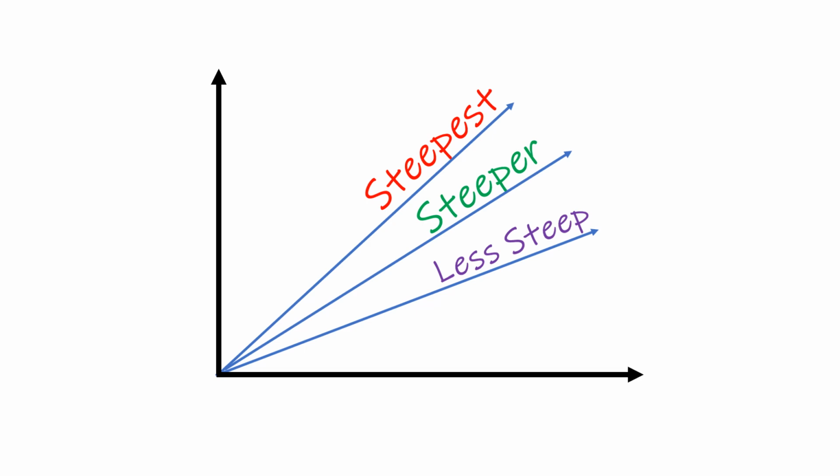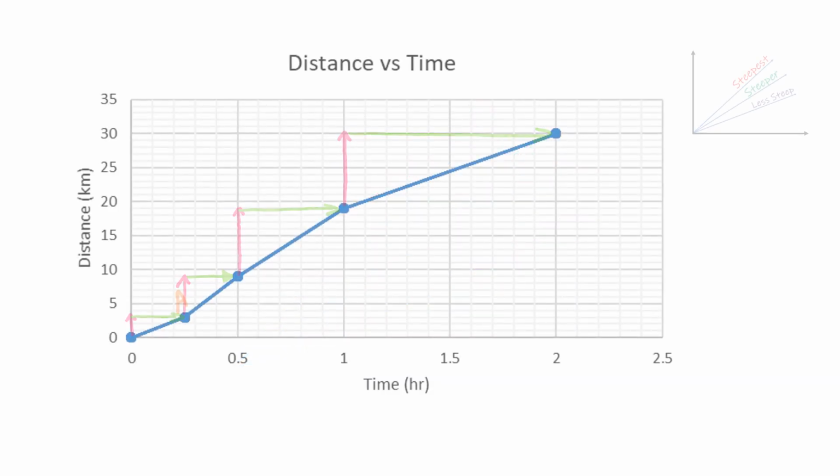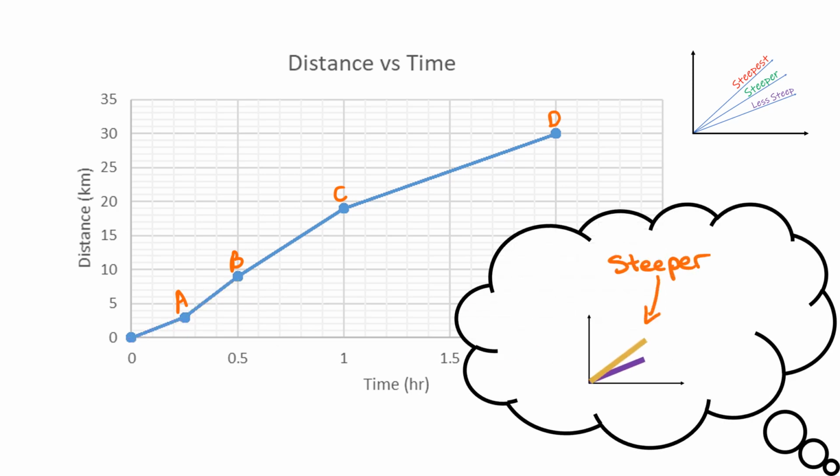For instance, let's label the first sighting of Candy as point A, then the following as B, C, and D. Notice the steepness of the line between 0 and A, then compare it to the line between A and B. Yes, Alex, the line is closer to becoming a vertical line than the previous one, so we could say that it has increased its steepness.